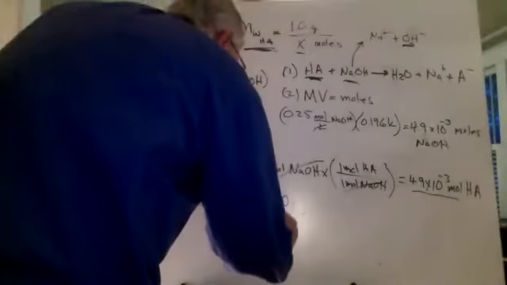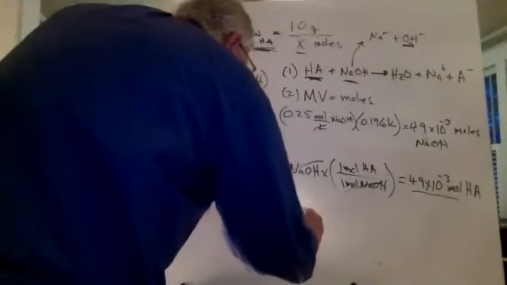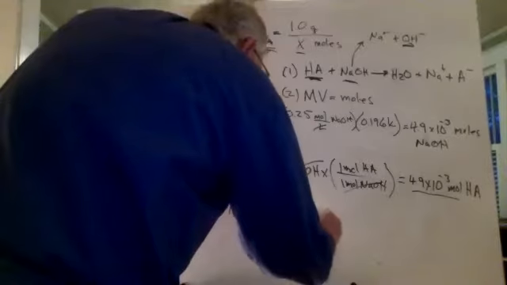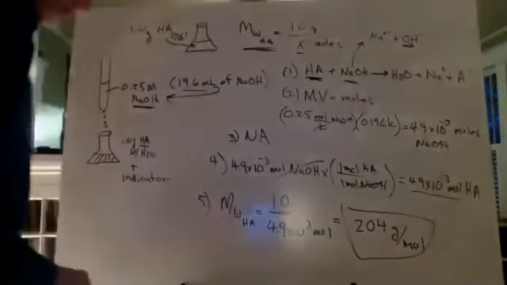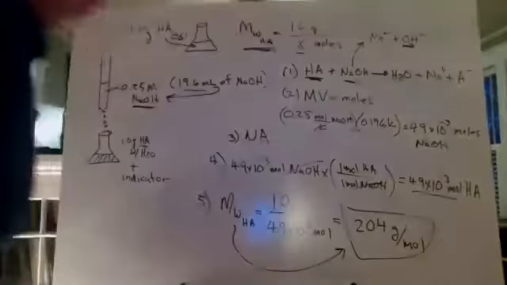So divided by 4.9 times 10 to the negative 3 moles, and you do the calculation and get a value of 204 grams per mole. And that is what we were looking for.